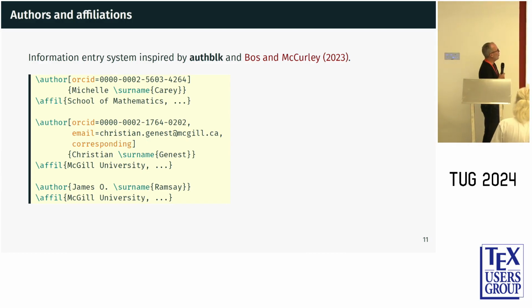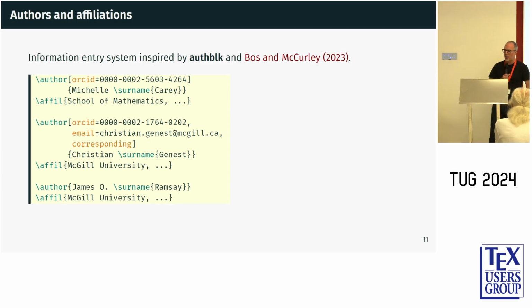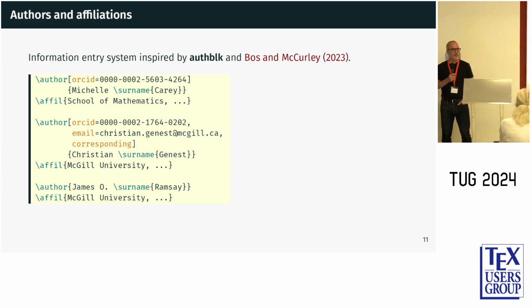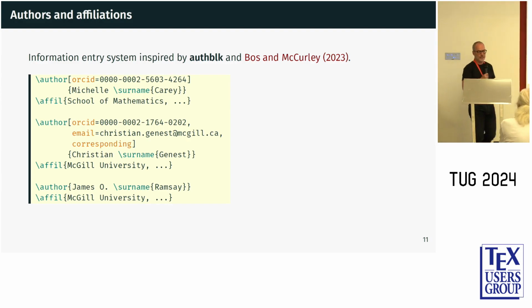And the one I decided to use was in part inspired by authblock. I absolutely don't remember how I came to know about this package, but I found the idea quite interesting.